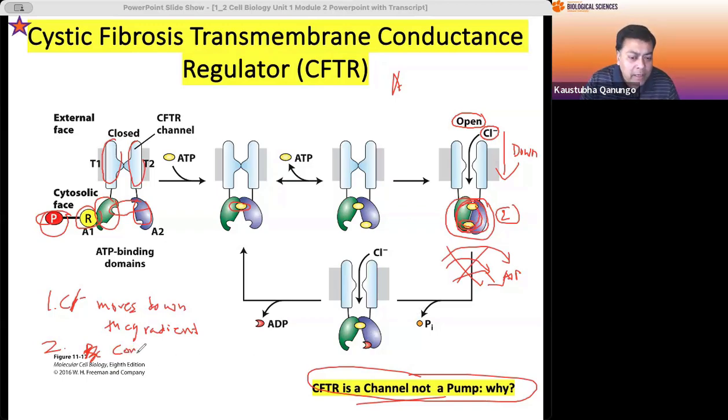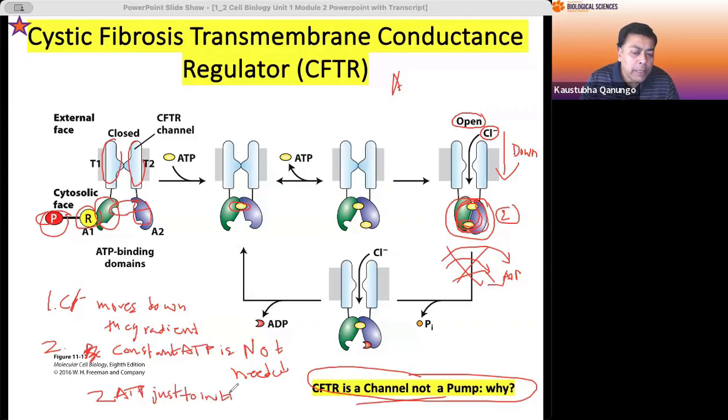So I will write: constant ATP supply is not needed. And I will just write: 2 ATP just to initiate. Just to initiate. That's it.